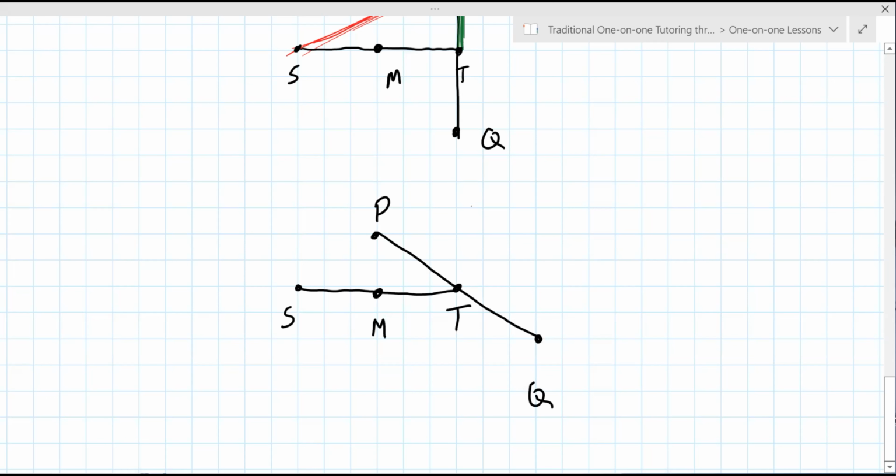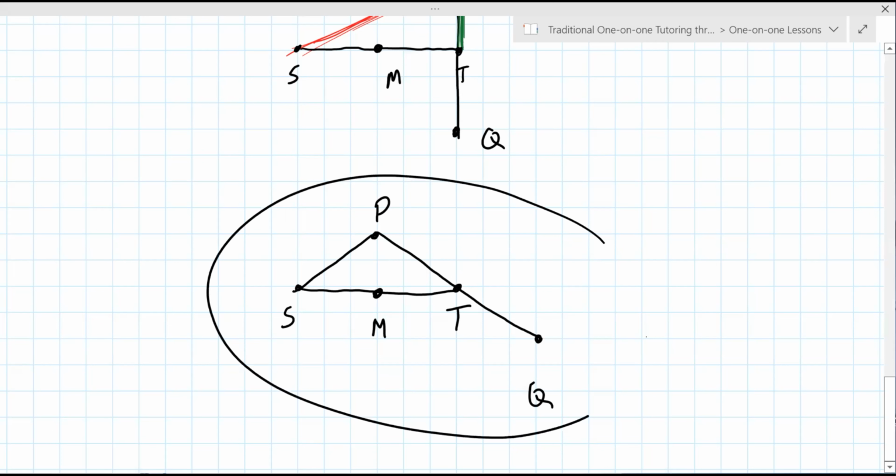Yes. It sure is. And then is SP equal to PT? Yes. So this works. There's a few different ways to get this, but this is one option. So this is definitely what you'd want to get down for your answer there for number 3.